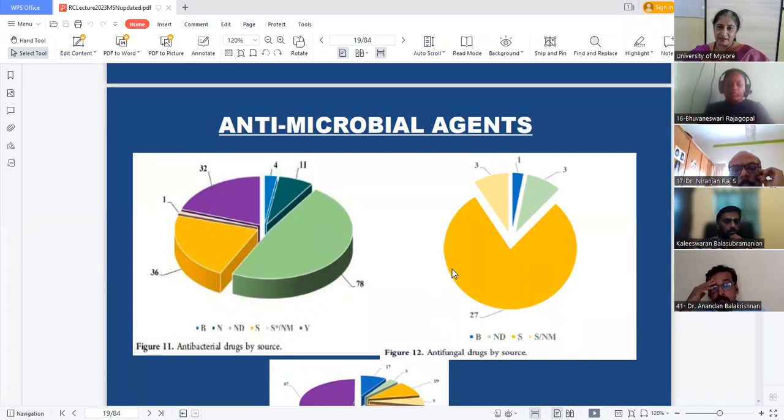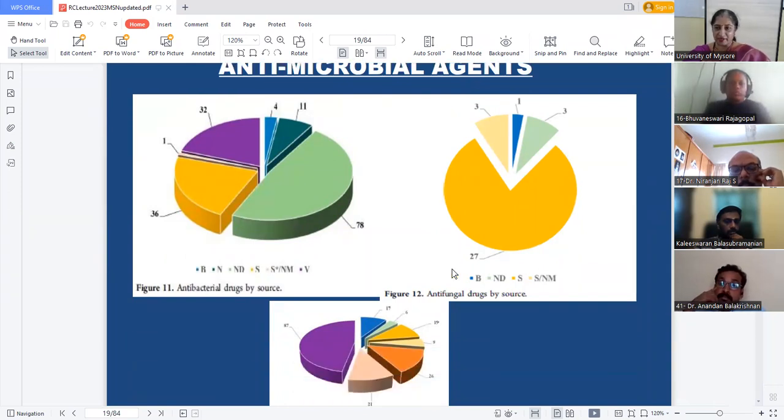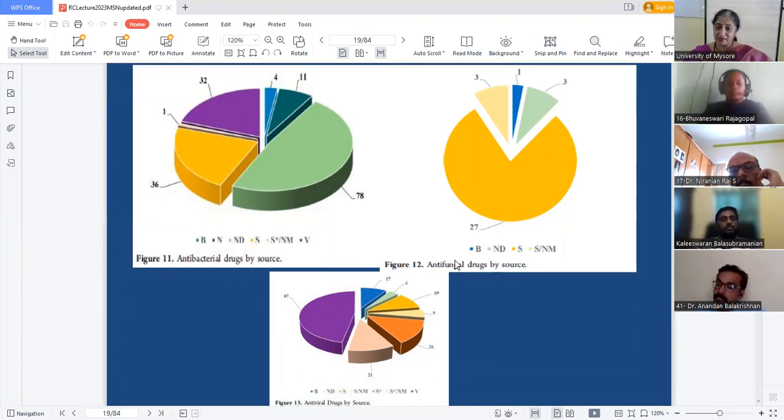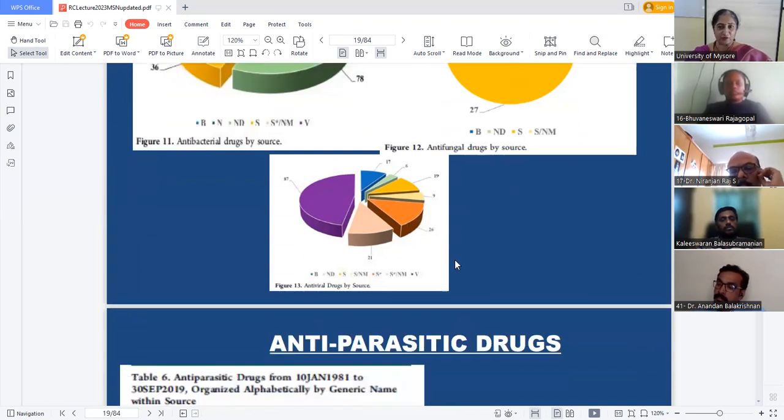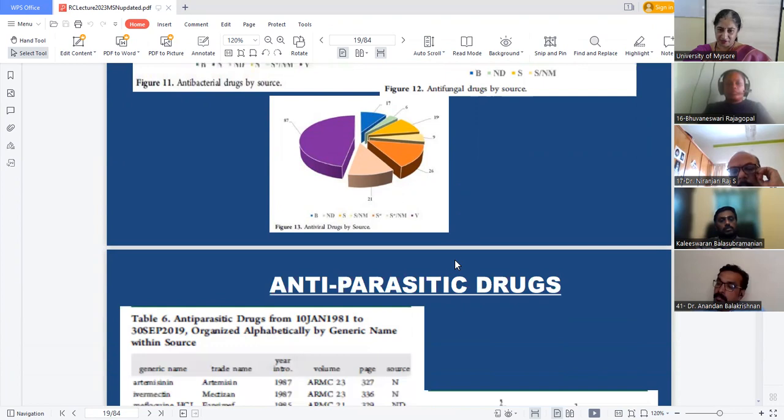And like that, antimicrobial agents can be classified into antibacterial drugs, antifungal drugs, and antiviral drugs. And by this graph, you can make out the large share of the chunk which is in the market. There is a list also, but since I have many more slides I couldn't put it, so I thought the pie graph representation from the paper would be very apt for presentation.